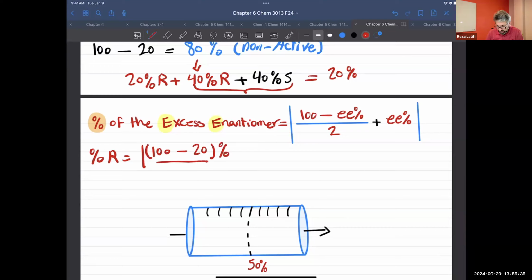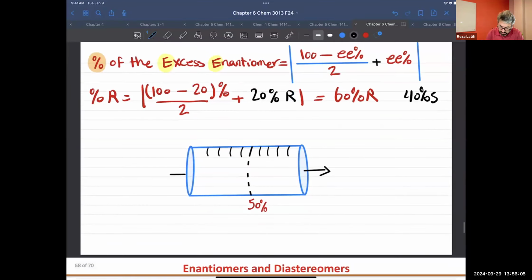You divide this by 2, so 80 divided by 2 will be 40, plus the 20% from R. If I add those two, I get 60%. So I have 60% from R and 40% from S.